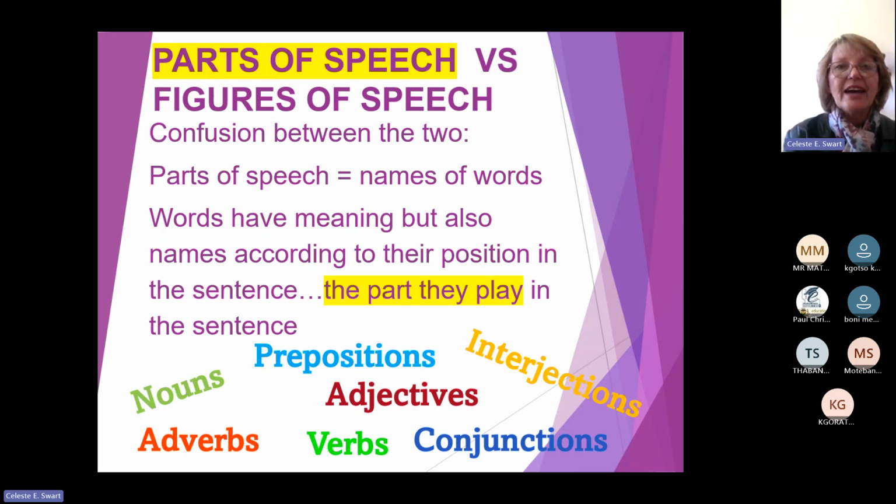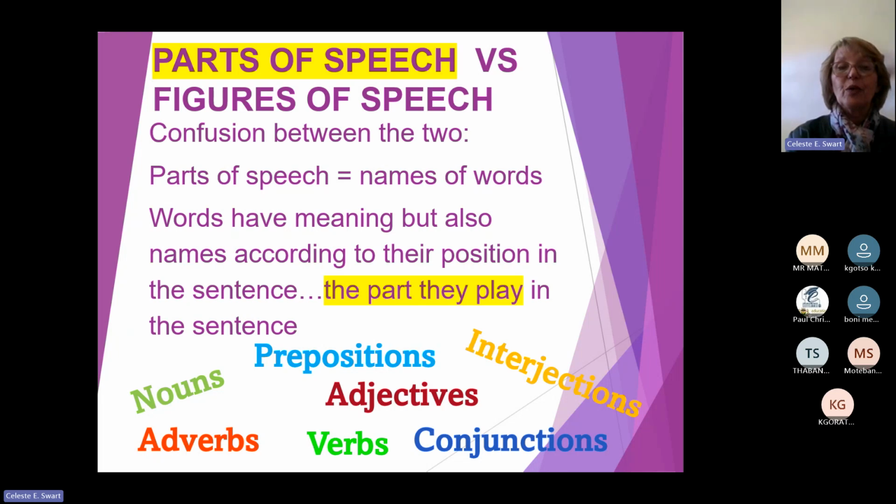So words don't only have a meaning, but they also have a name. It's actually very exciting to think that that happens in a language. We think of things like nouns, adverbs, prepositions, interjections, adjectives, verbs and conjunctions. All of these are parts of speech and they have a meaning, but these are their names.